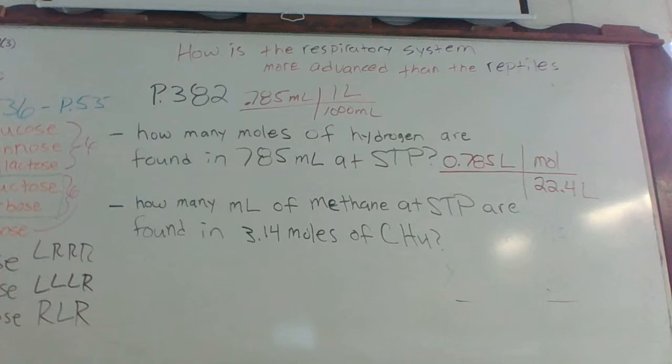So the answer here would be dividing 0.785 by 22.4, and that would give you your moles. Just like back in chapter 3, if you have, I don't know, 0.035 moles of this substance, how would you convert that to grams? Well, you don't have to do this in a multi-step problem.